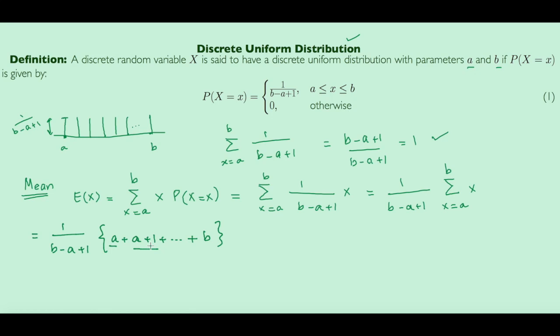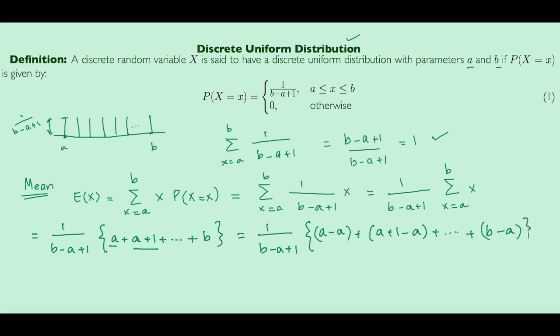Okay. So now if I subtract a from each term and then add, how many terms do I have? I have b minus a plus 1 terms, right? So this is the first term, this is the last term. So then I can write 1 over b minus a plus 1 times a minus a plus a plus 1 minus a plus up to b minus a.